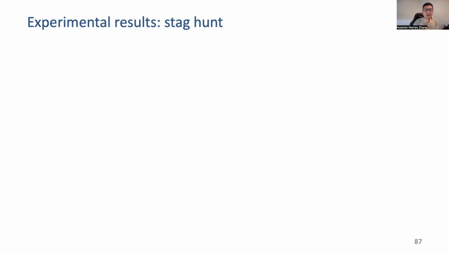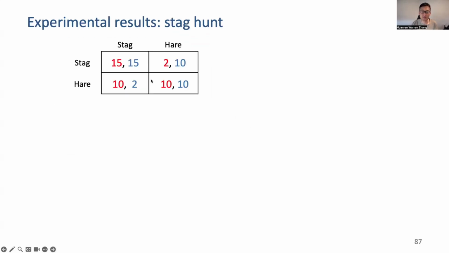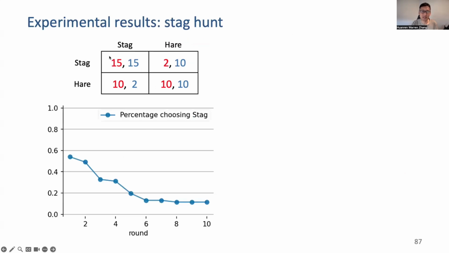Okay, so let's look at the experimental result. Here is one version of the stag hunt game you played. Even though it's obviously best for both players to choose stag, initially half of you chose stag, but gradually it drifted to hare, the safer option, right?